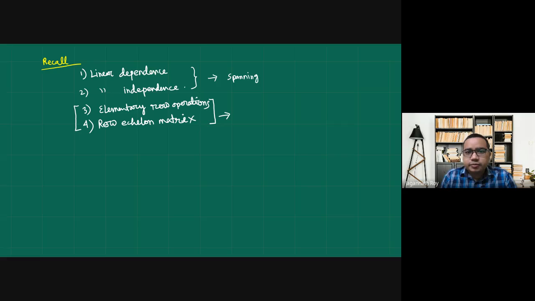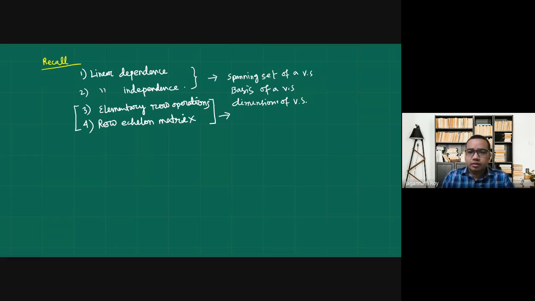Spanning set of a vector space. The basis of a vector space. A dimension of a vector space or a subspace.